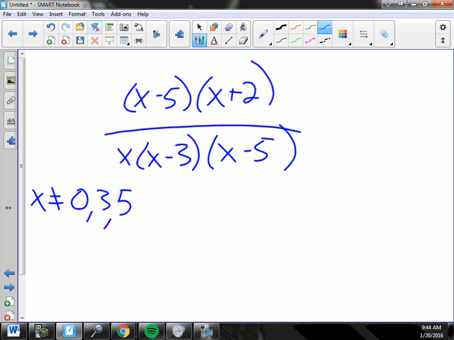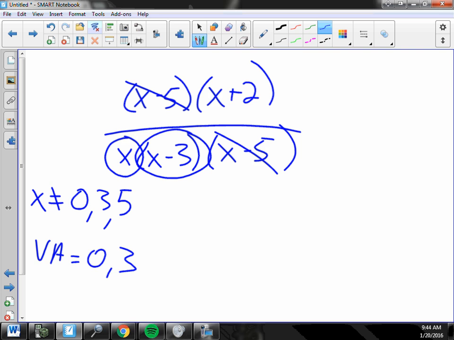Do I have any vertical asymptotes? This one will be a vertical, and this one will be a vertical because those two are holes. So I have a VA at 0 and at 3. I have a hole at 5.